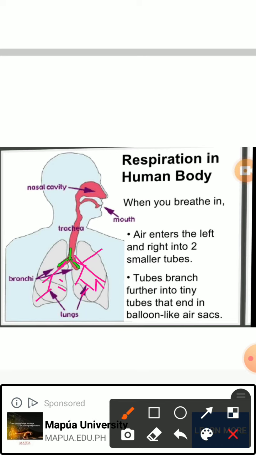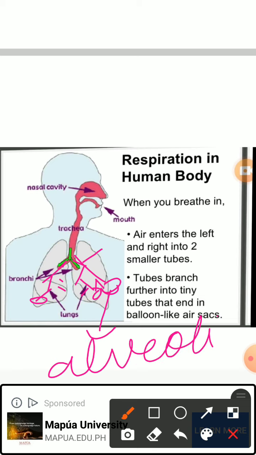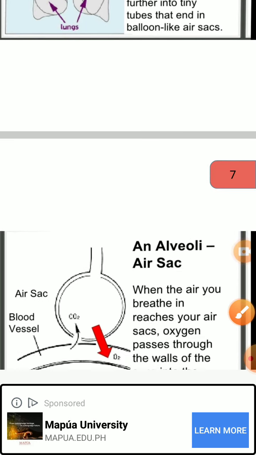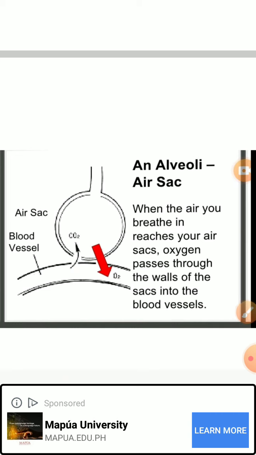Then each bronchiole branches further into tiny tubes, and at the end of the bronchioles a balloon-like sac structure is present. These balloon-like air sacs are known as alveoli. Get it?